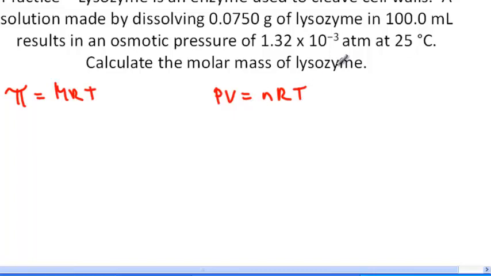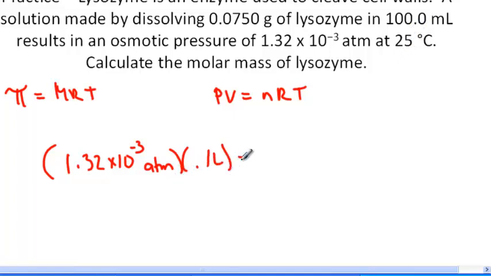Let's PV equals nRT it. Pressure is 1.32 times 10 to the negative third atmospheres. Volume must be in liters. 100 mL is 0.1 liter. And the number of moles is grams over molar mass, our target variable.